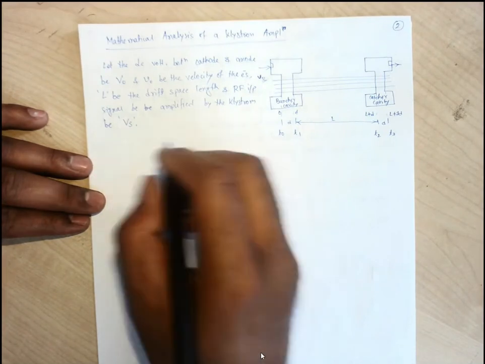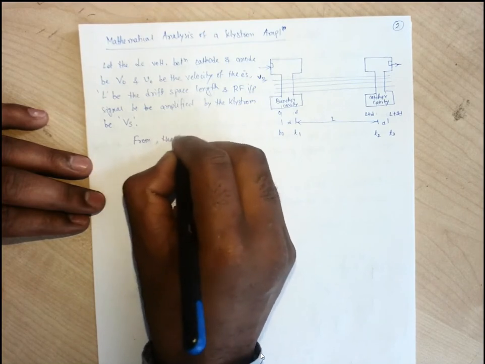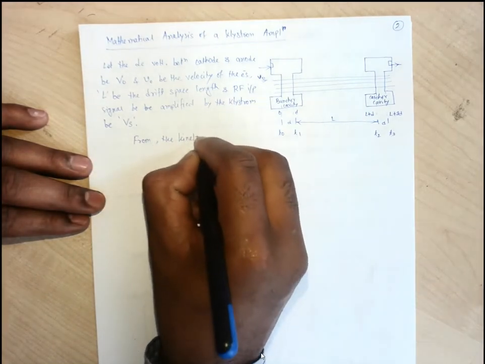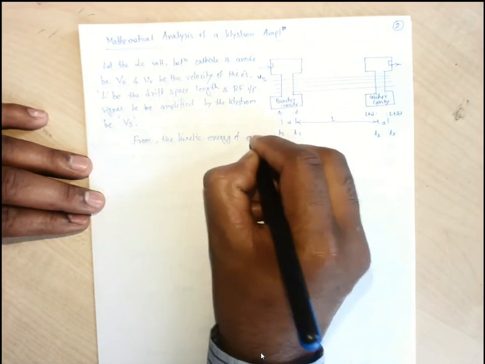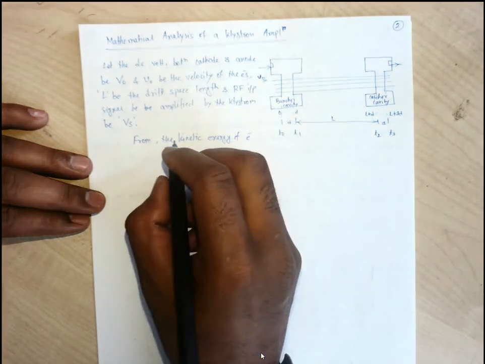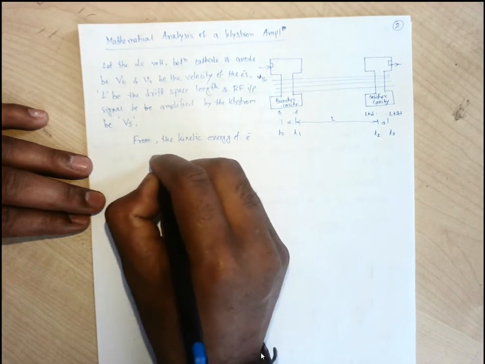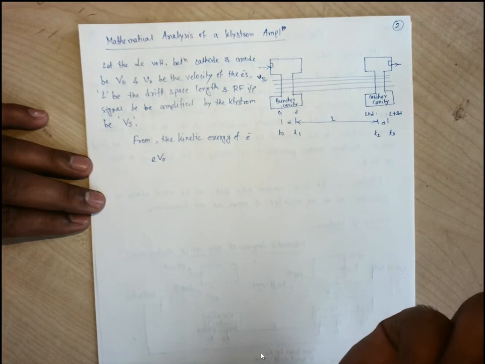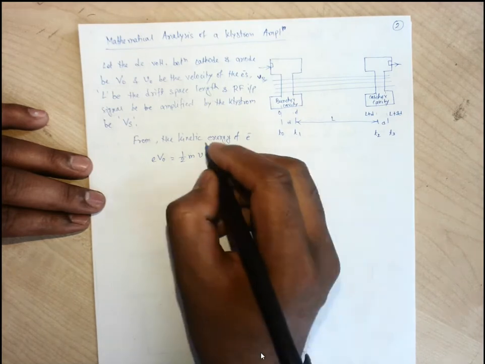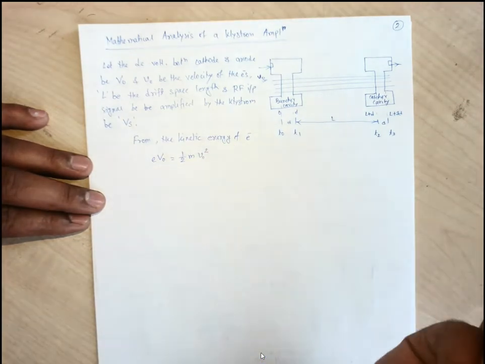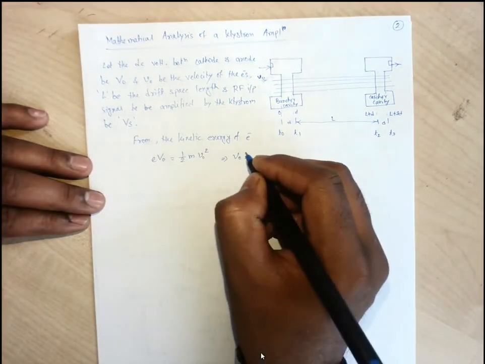Now from the kinetic energy of the electron, what do we know? The energy of the electron, eV0, electron charge times the voltage V0, equals half m v squared, that is the kinetic energy. So from V0 we can easily find this reference velocity.